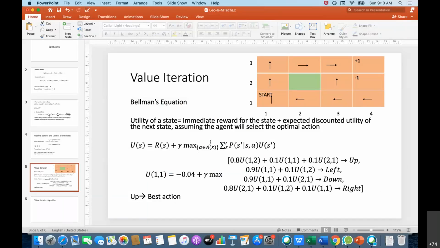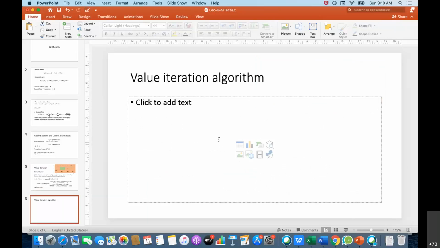Due to that max operation, since it is a nonlinear equation, we can't solve it with linear algebra. Rather, we need to use an iterative approach. We need to have some iteration to come up with some optimal values.